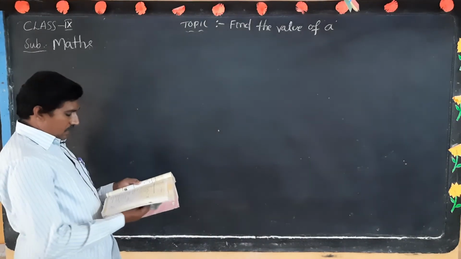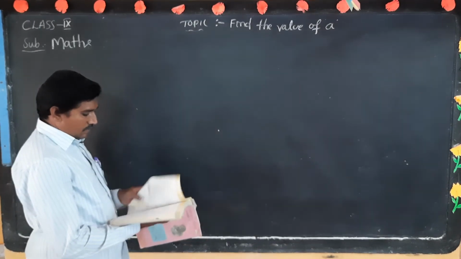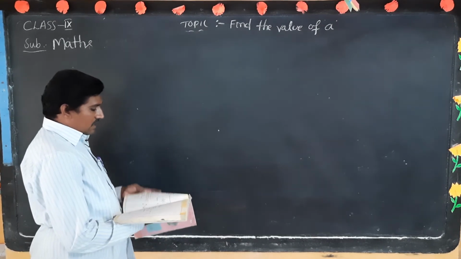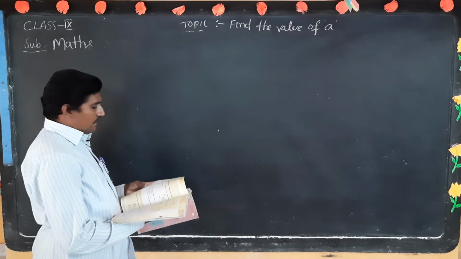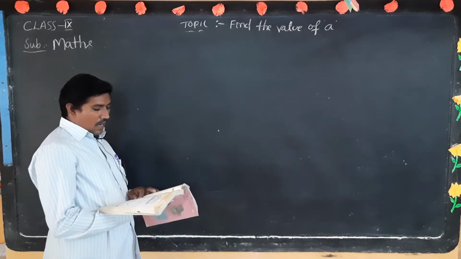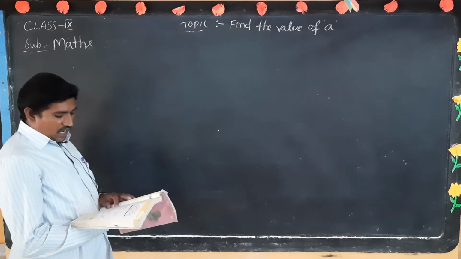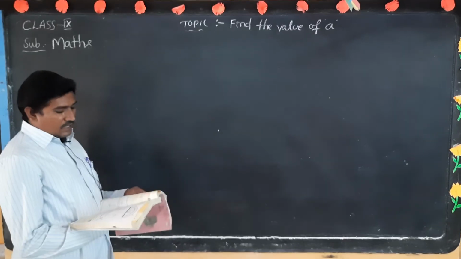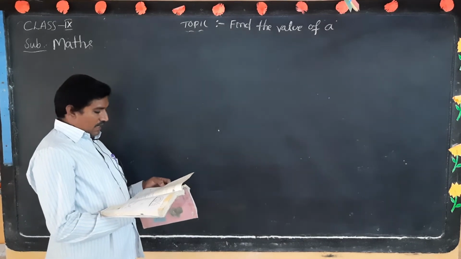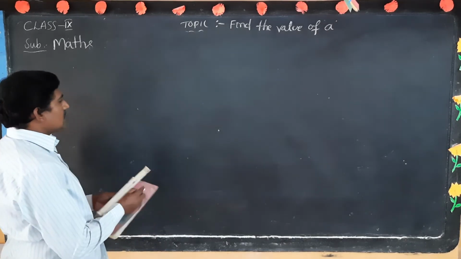And next, what we discussed already: vertically opposite angles are equal when lines intersect, and a complete angle gives 360 degrees.